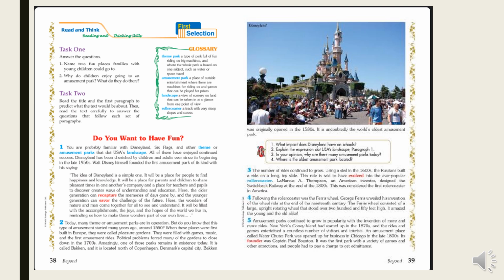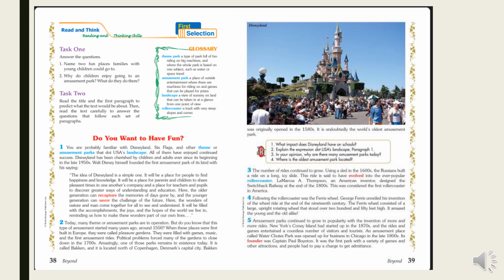Its founder was Captain Paul Boynton. It was the first park with a variety of games and other attractions, and people had to pay a charge to get admittance. So this was also business-wise. He opened this amusement park, and people had to pay to enter this amusement park.